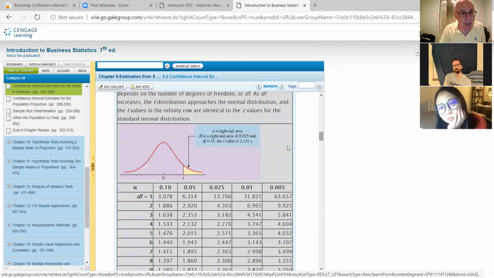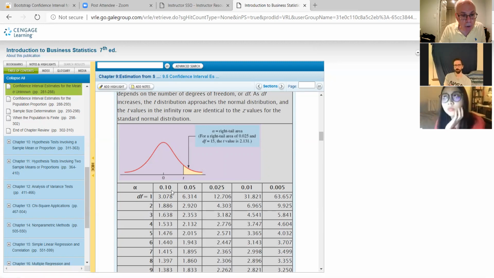If you see a table like this, and you want to find the t where the area to the right is 0.10, 0.05, 0.025, 0.01, you have to be careful with using these tables, because if you wanted a 95% confidence interval, right?